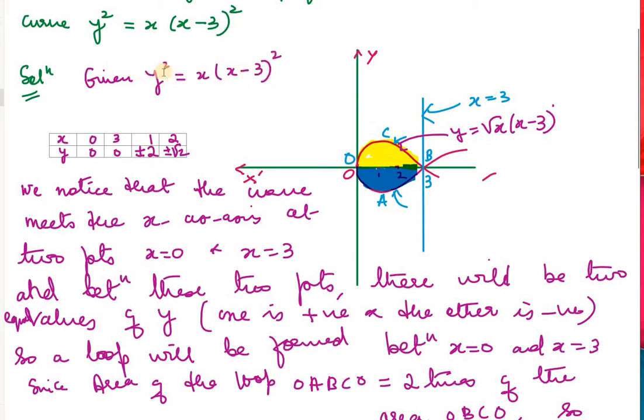On taking the square root, you get plus or minus, but since this portion lies above the x-axis, which is positive, y will be positive square root of x into (x minus 3). So you see that this yellow region is bounded by the curve y is equal to square root of x into (x minus 3) between x is equal to 0 and x is equal to 3.